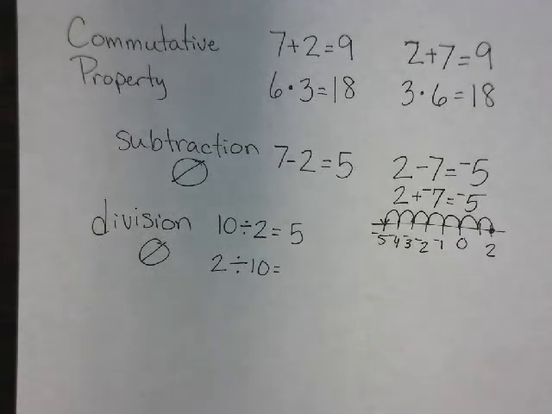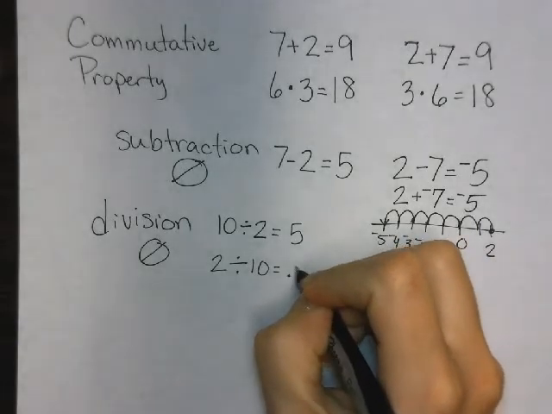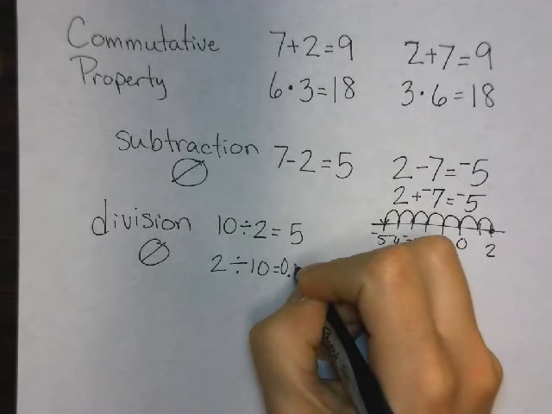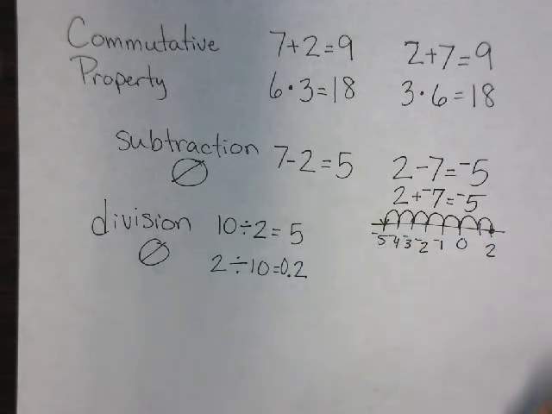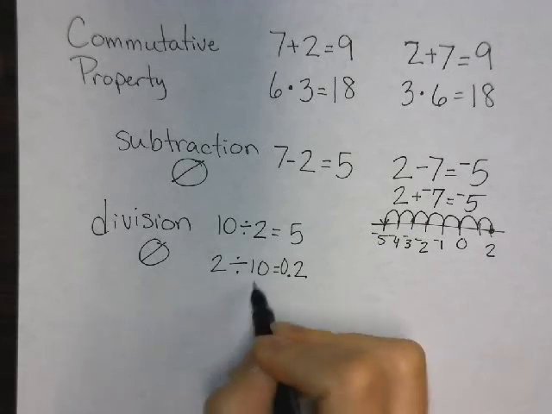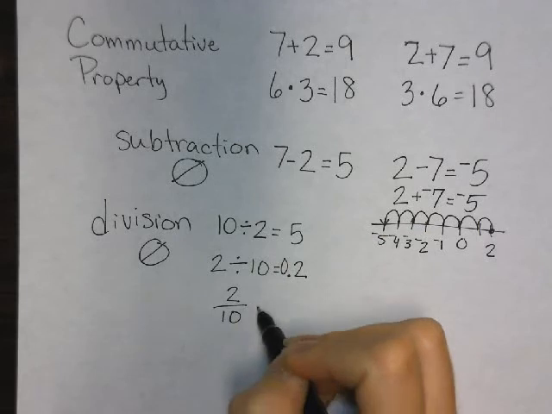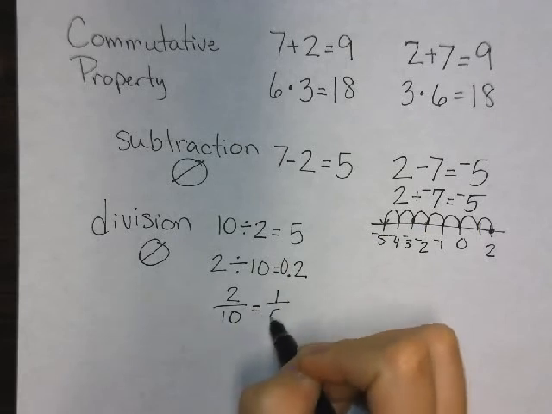I will end up with a smaller number because I am dividing the 2, which is my smaller number, by the bigger number of 10. This will give me, in decimal format, 0.2, which as a fraction would look exactly like this does, 2 divided by 10, or simplified, 1/5.